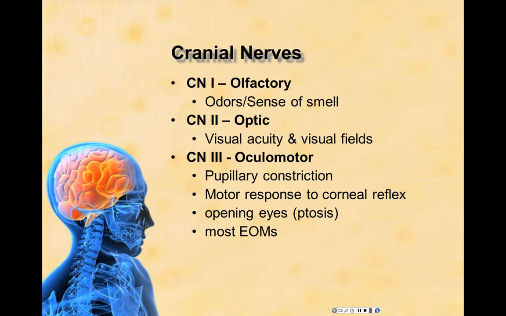The ability to open the eyes, or a droop of the lids, which is called ptosis, is also controlled by the oculomotor nerve. And then most of the extraocular movements, laterally and upward, so most of the extraocular movements are controlled by cranial nerve 3.